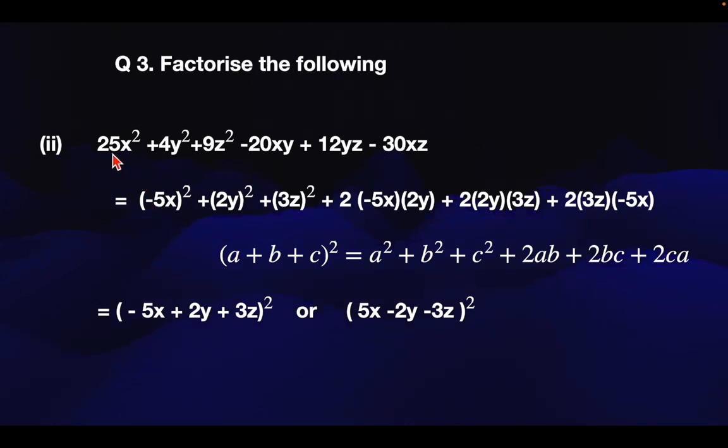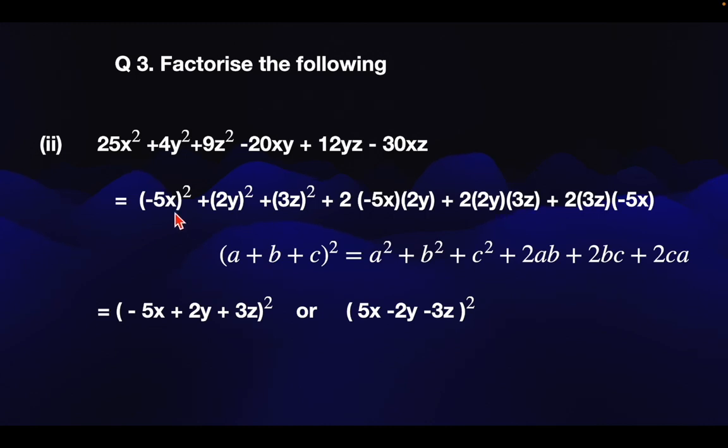That is why I have taken 25x square as minus 5x the whole square. When you square the negative, it becomes positive. So this also is true. And here everywhere I have taken x as negative. I have written it down in this form.